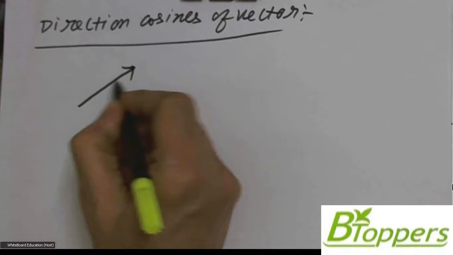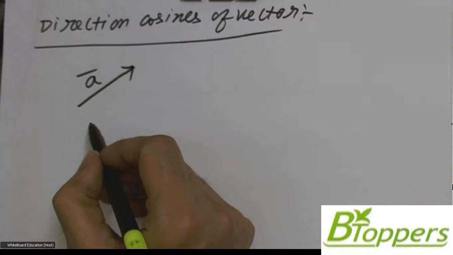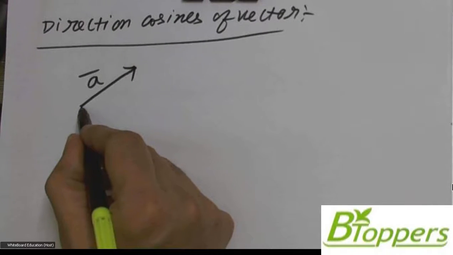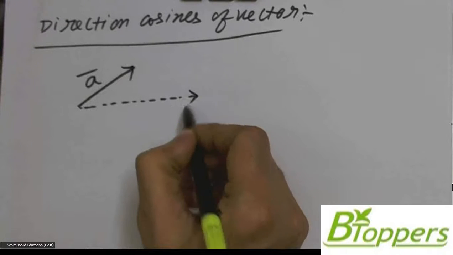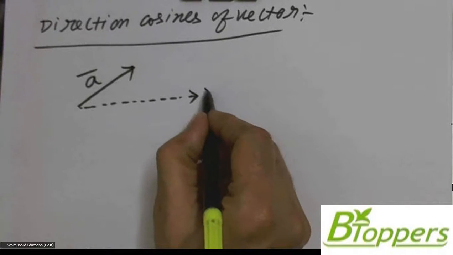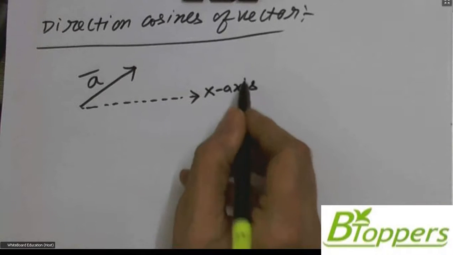Let us suppose a vector A bar makes an angle alpha with the line parallel to the positive direction of x-axis.